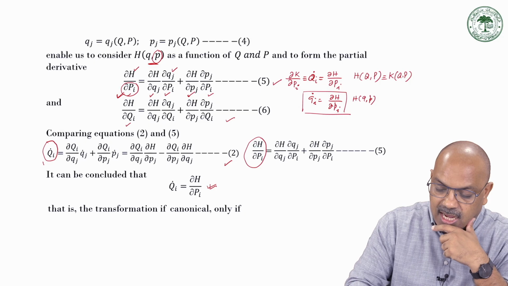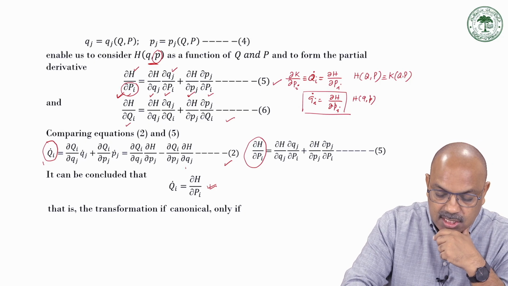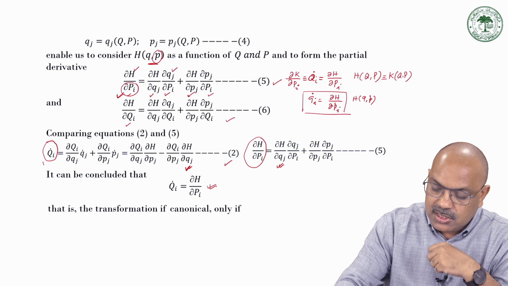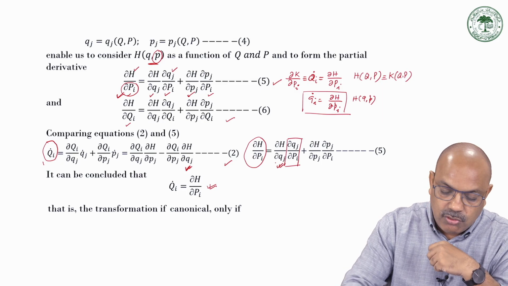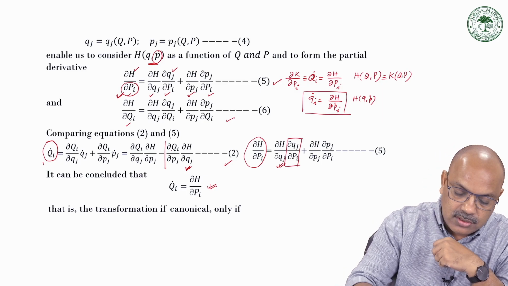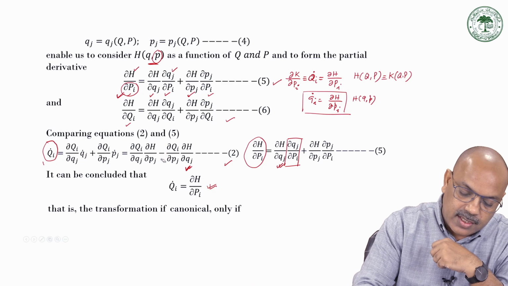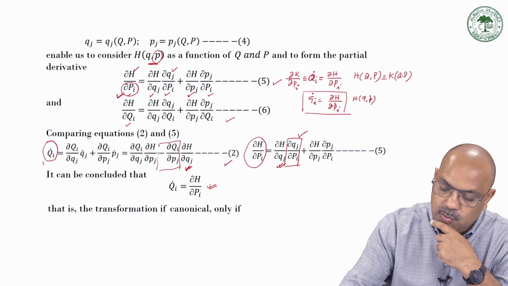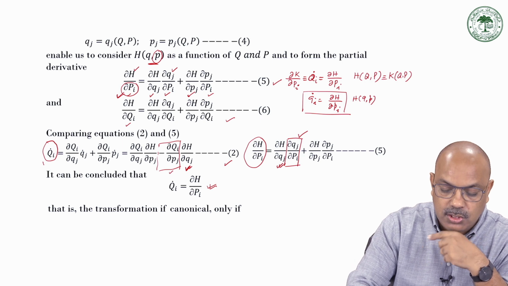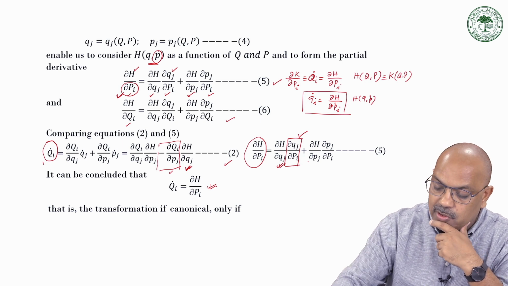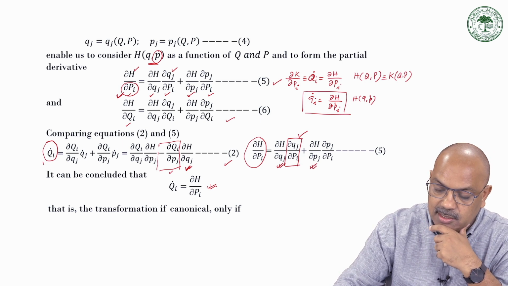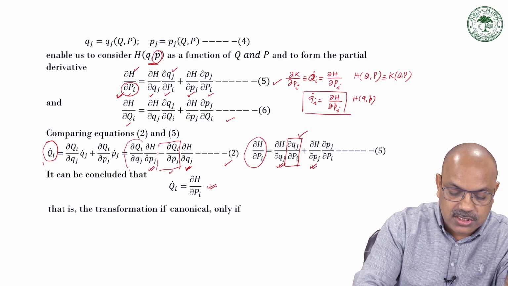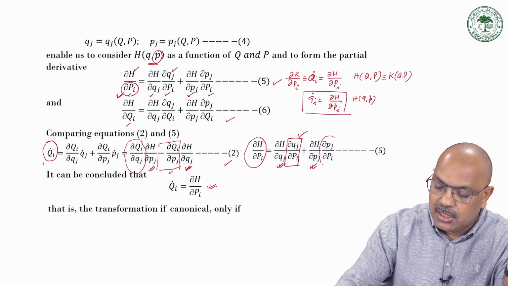Because you see that I have delta H upon delta qi here and delta H upon delta qi here, this component is going to be equal to the negative of the whole part, delta q upon p. Similarly, delta H upon delta p is here and delta H upon delta p is here, so this coefficient is going to be equal to that coefficient.